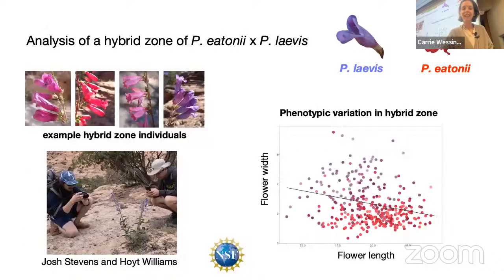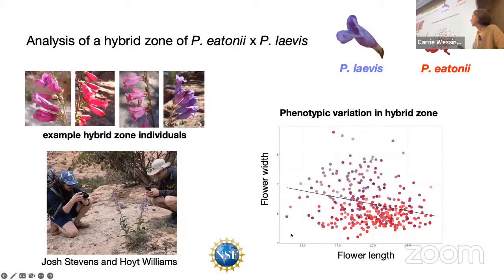In fact, they show these spectacular hybrid zones where they come into contact. And in the past couple of years, we've been spending a lot of time in these hybrid zones in these canyon systems on the Arizona Strip, where we see just a huge amount of segregating variation in floral traits.